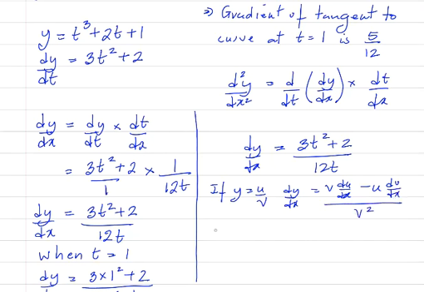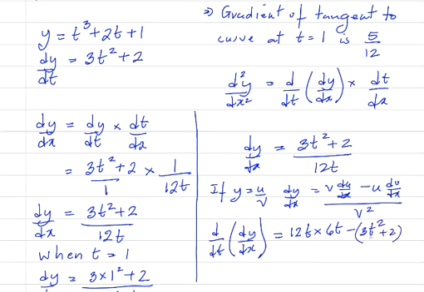So now the first differential of dy by dx with respect to t, since it's a quotient, we're applying the quotient rule. So it would be v, which is 12t, at the bottom, multiplied by the differential of the top. When you differentiate 3t squared plus 2, you're going to get 6t, minus u, which is 3t squared plus 2, multiplied by the differential of the bottom, which is 12.